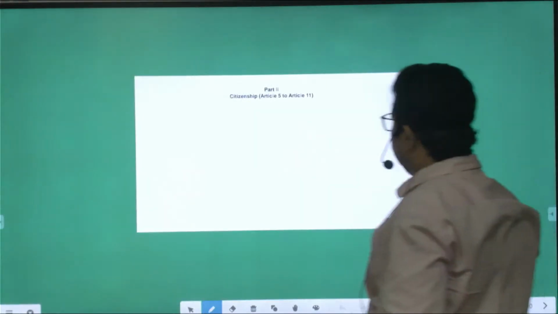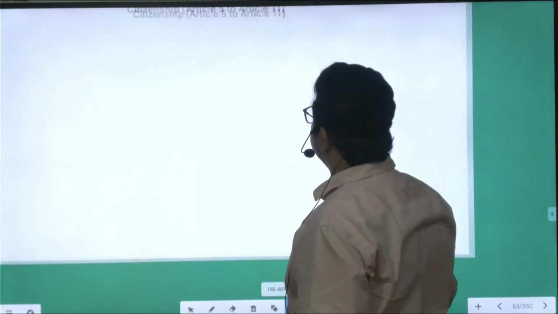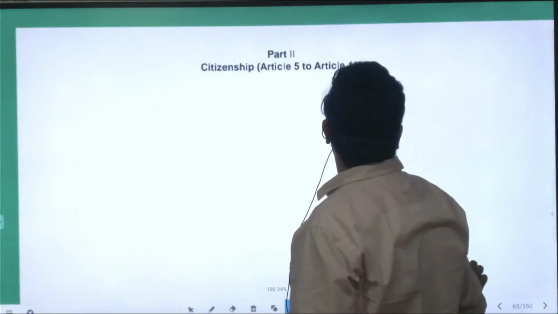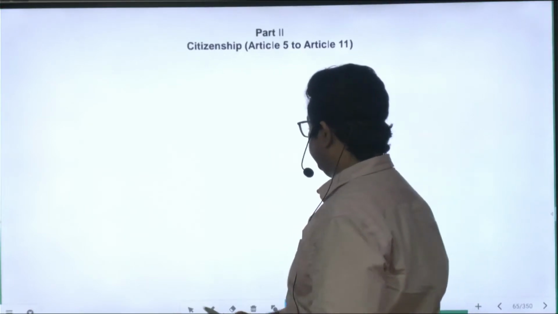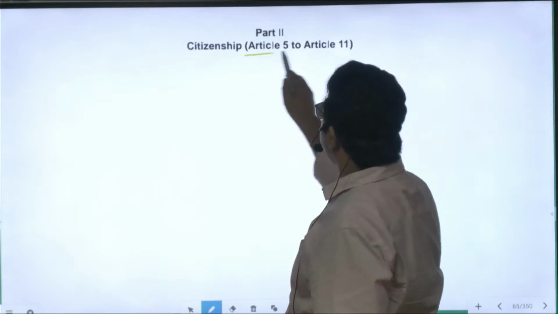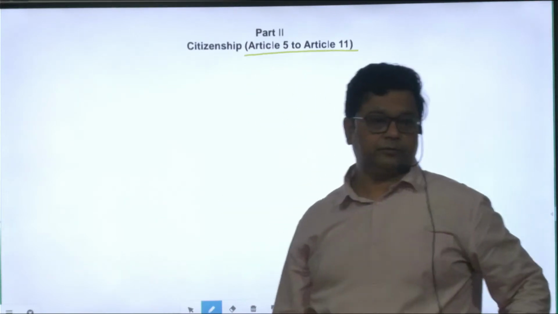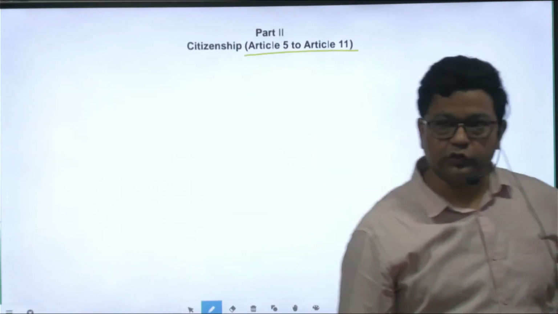Now we will move to Part 2 of the Constitution. So Part 2 talks about citizenship, which deals with Articles 5 to 11. So what is citizenship?